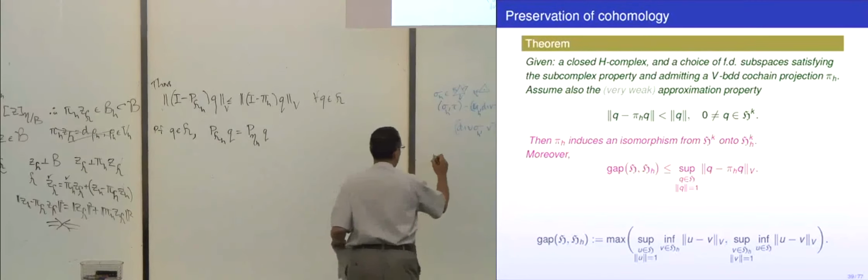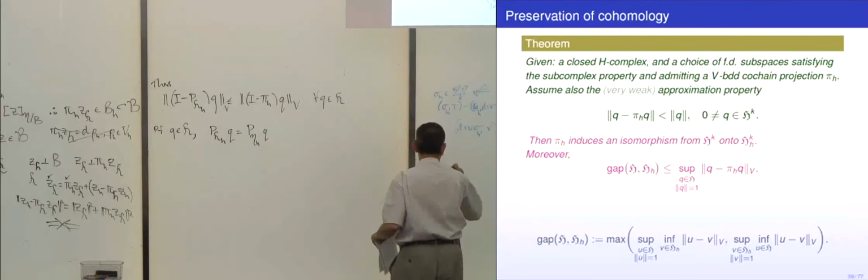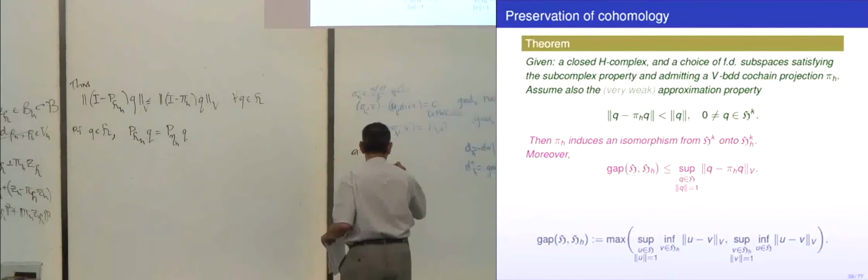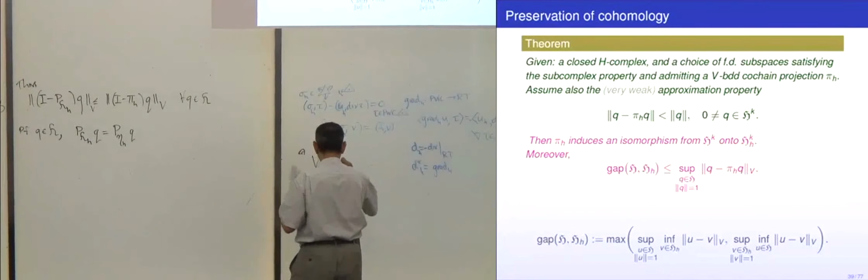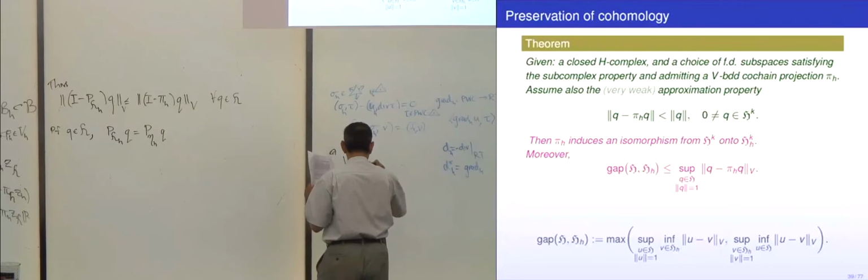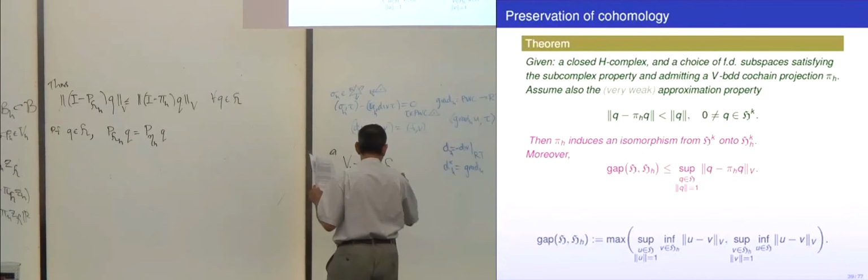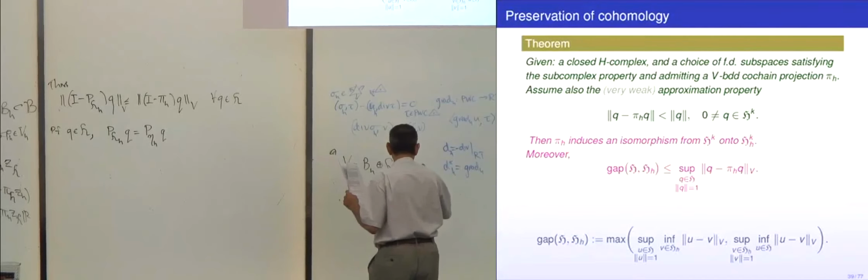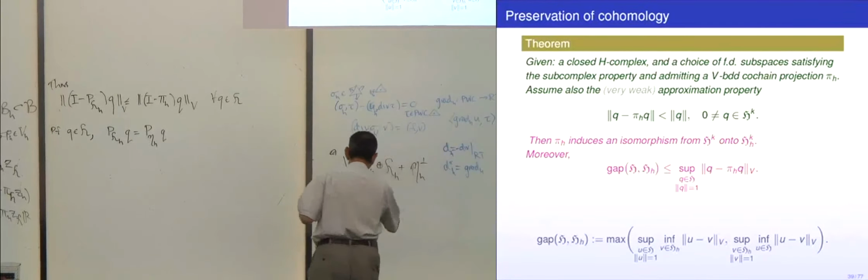It's probably good to have our Hodge decomposition up here, that VH is equal to BH plus HH plus ZH perp, and this is ZH.